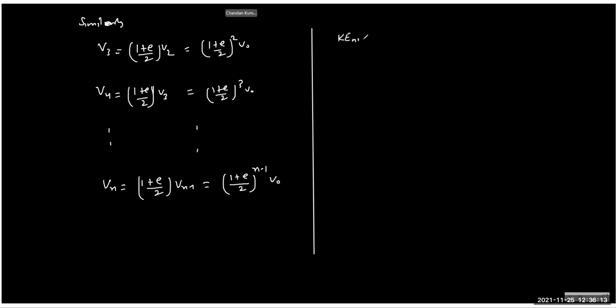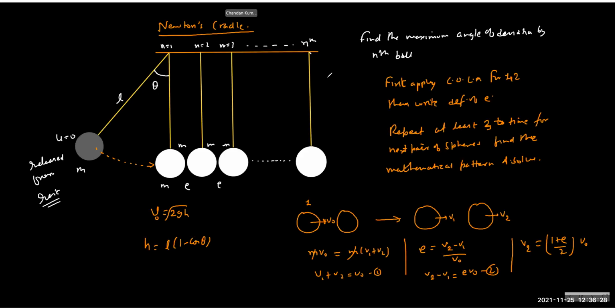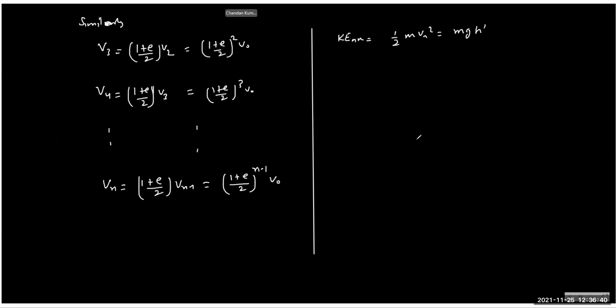KE of the nth ball just after collision is half m Vn square, and this must equal m g h dash, which is the new height raised by the last ball. It will rise by some value, and the center of mass will rise by h dash. So we can write one by two Vn square equals g into h dash, which is again L into 1 minus cos phi.